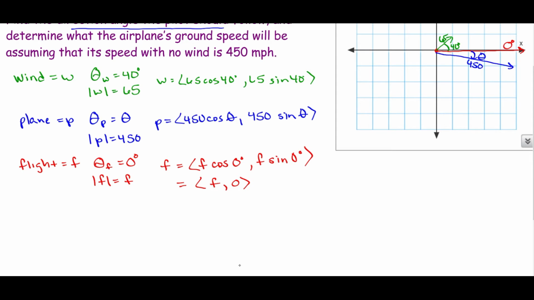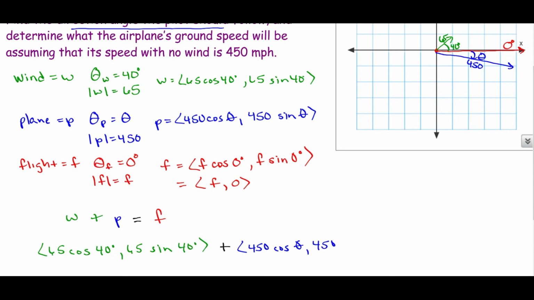And then what we know is that the wind plus the plane is going to equal my flight path. So if we go 65 cosine of 40 degrees, 65 sine of 40 degrees, plus our plane vector, which is 450 cosine of theta, 450 sine of theta, and we know that that equals the actual flight path, which we simplified to be F and then 0.